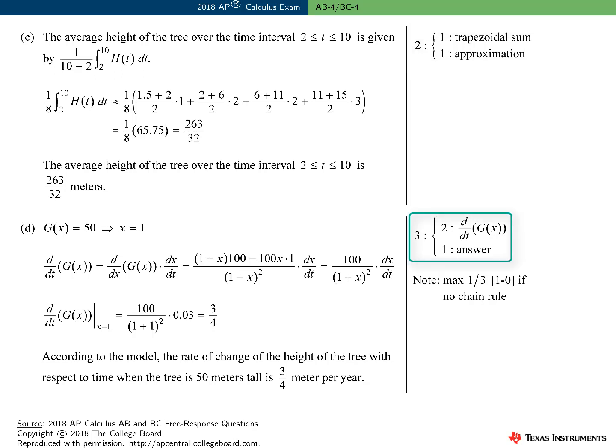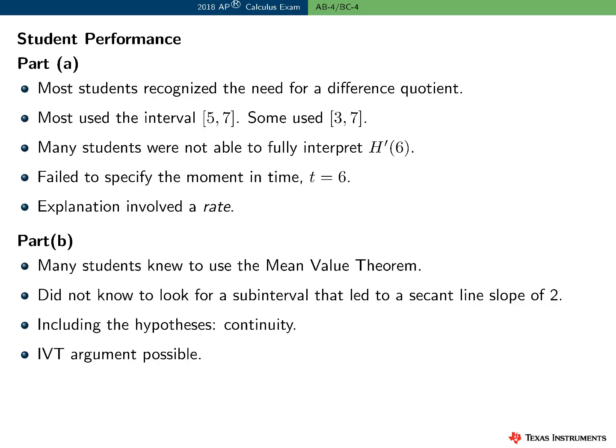Part D was worth 3 points. 2 points for finding the derivative of g with respect to t, and 1 point for the final answer, the rate of change of the height of the tree with respect to time when the tree is 50 meters tall. Note that there is a maximum of 1 out of 3 points in this part if the student does not use the chain rule. Here are some general comments about student performance on this question.